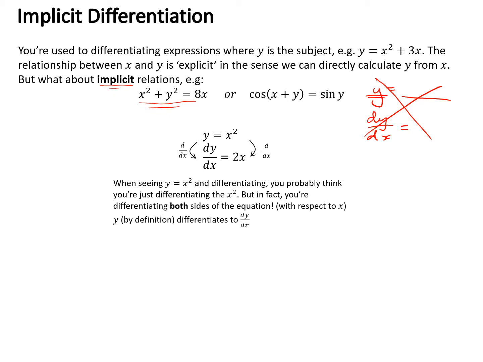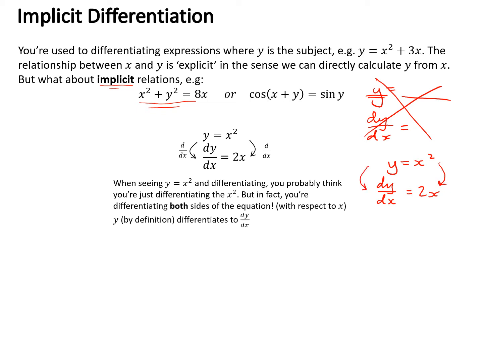Okay, so carrying on. Here, if we have y equals x squared, before you just think, oh, differentiate it, you get dy by dx equals 2x. Now we don't just differentiate the right hand side, we actually differentiate both sides.